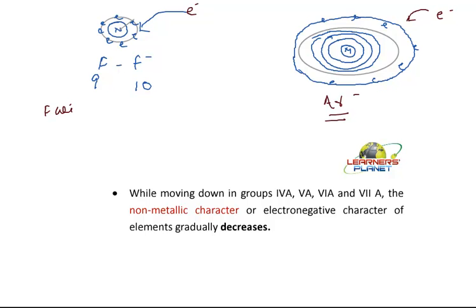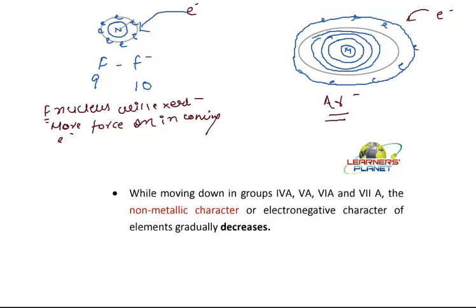So fluorine's nucleus will exert more force on the incoming electron. Whereas in case of astatine, students, see the distance of the nucleus to the outermost shell. You can make out this astatine nucleus will exert less force.